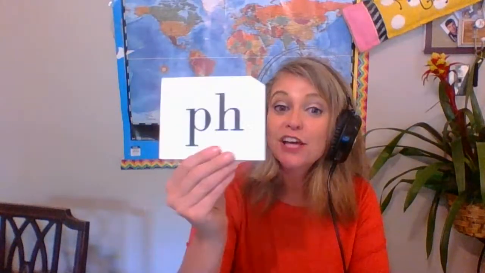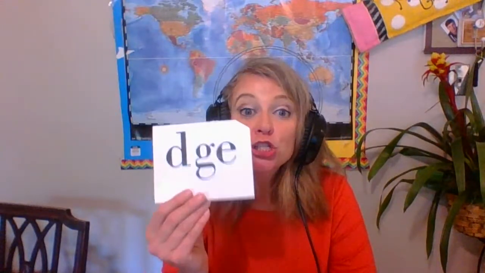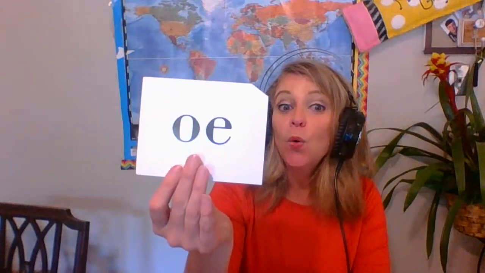Two-letter F, two-letter F. Two-letter used both at the beginning and end of a base word. J, three-letter J, used after a single vowel that says a, e, I. O, the O of toe.